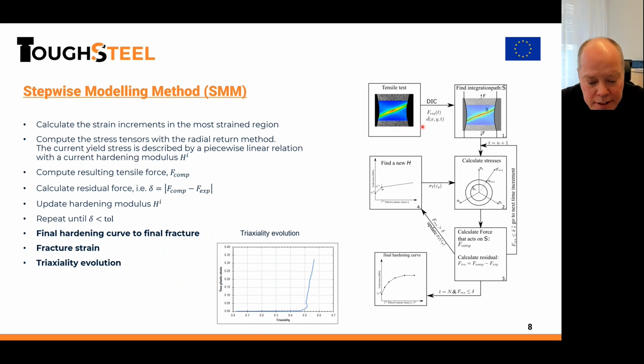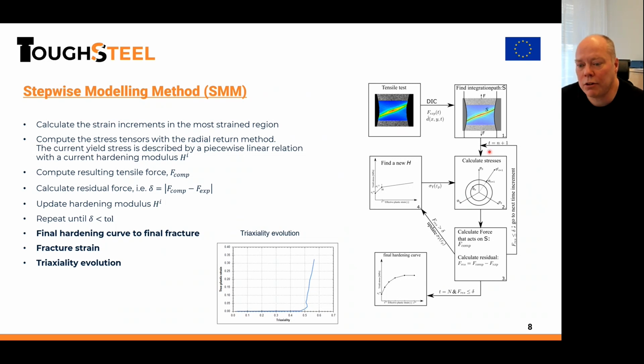At a certain time increment, you check your strain field, and you calculate the most strained region. And in the next step, you compute the stress tensor with the radial return method. And the current yield strength is described by a piecewise linear relation with the current hardening modulus. So the first thing you do is, of course, to have an initial guess.